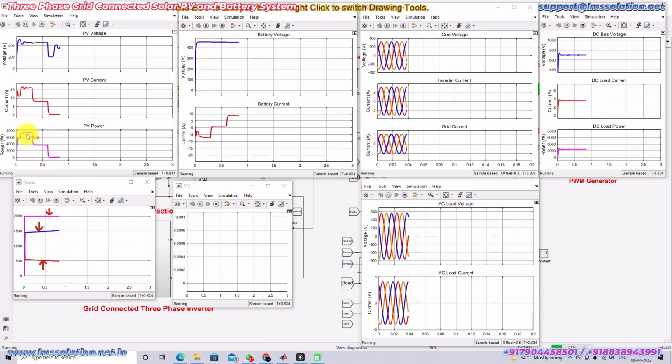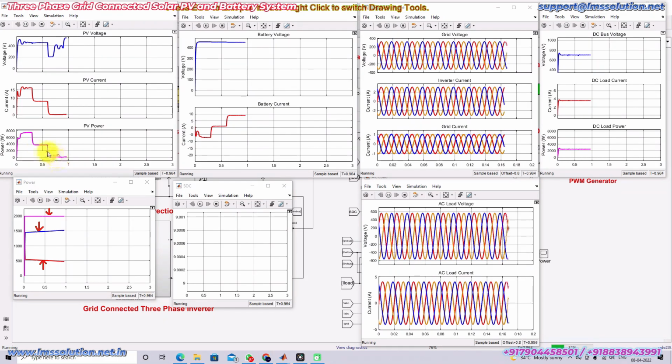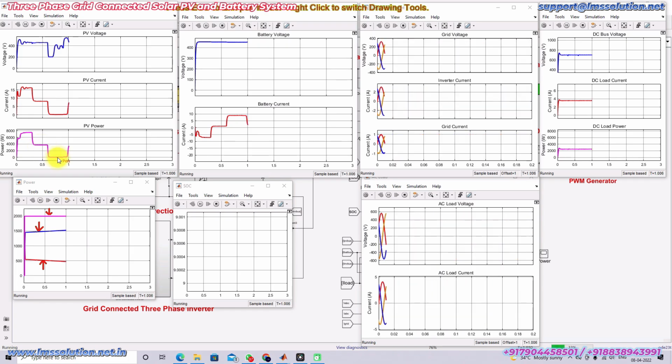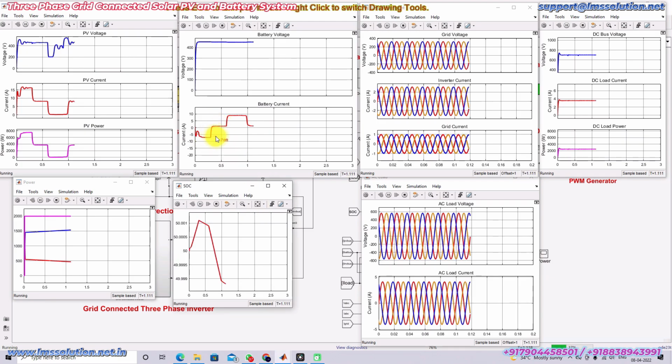Here you can see that the PV power changes from 7500 to nearly 4000 because of the periodic change in irradiation from 1000 watts per meter square to 500 watts per meter square. After that, the power changes from 4000 to 0 watts because the irradiation changes from 500 watts per meter square to 10 watts per meter square. Because of this you can see the battery, which initially is charging.